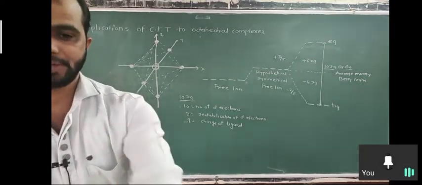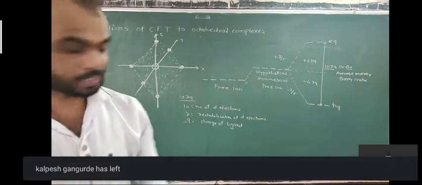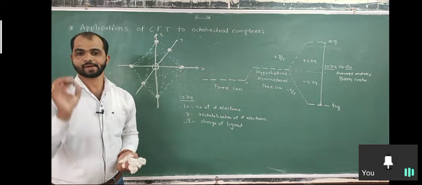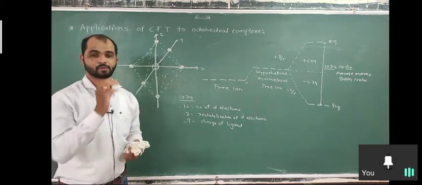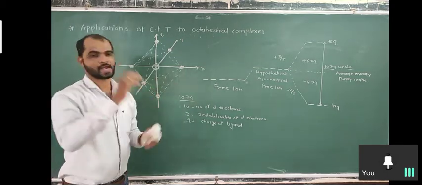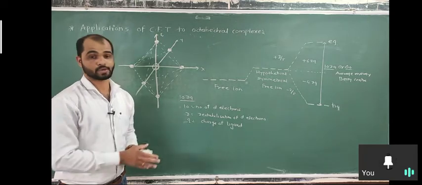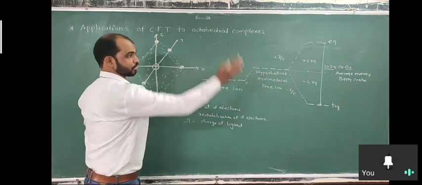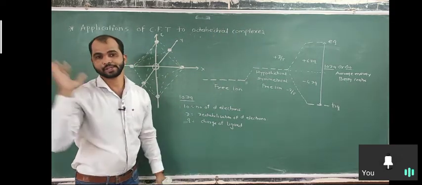So next point, the value we measure here is 10 Dq. 10 Dq is the parameter which is used. The value of 10 Dq may be higher or lower, but we always consider the total energy difference between these two energy levels to be equal to 10 Dq.